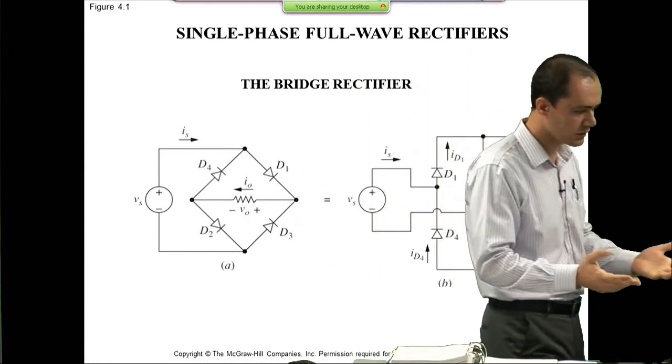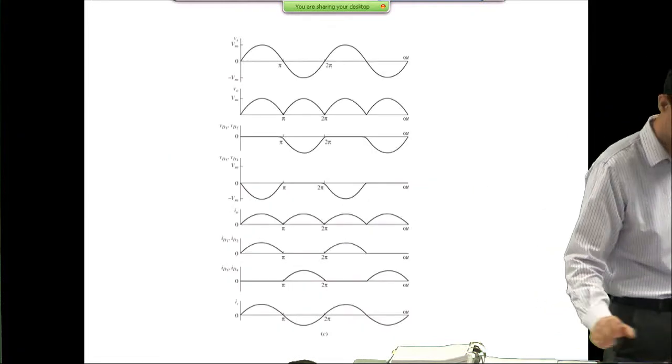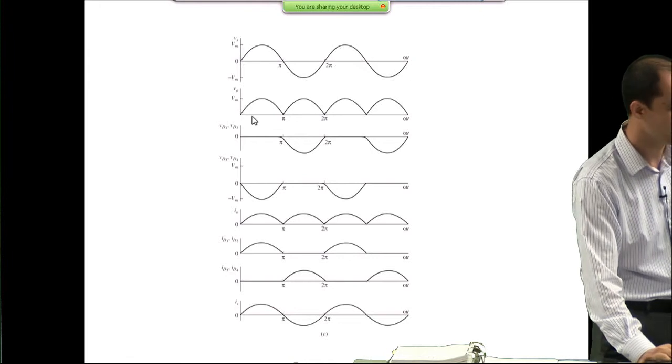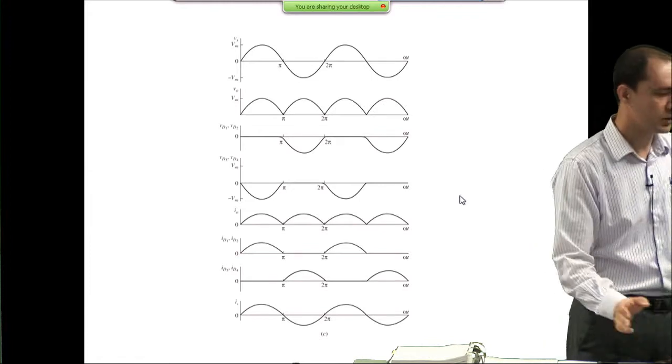So the output voltage is always positive. If this is my input voltage, which is a purely sinusoidal signal, my output signal is the absolute value of that signal. And we looked at a bunch of other waveforms.